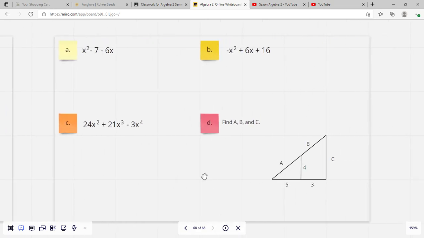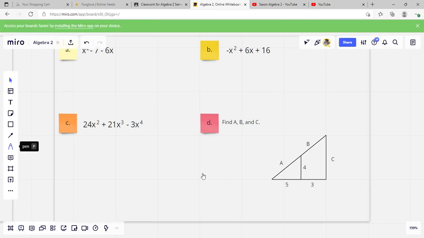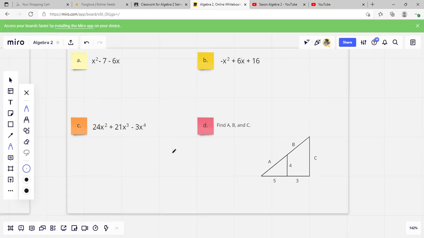All right, let's work these practice problems. First thing I need to do is rearrange this one so that I have x squared as my first term, minus 6x, and then minus 7 as my last term. I can't factor anything out right off the bat, so I'm just going to draw my double parentheses. I'm going to put my x at the beginning of both of those. Now, I need it to multiply to equal negative 7, and add to equal negative 6.